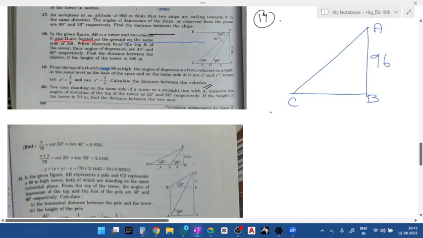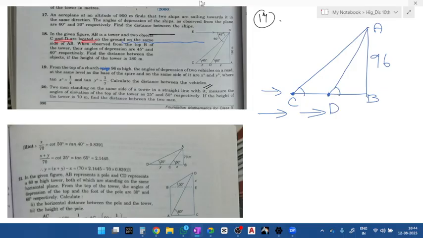From which direction will they approach? From C towards AB, vehicles are passing, right? So imagine one vehicle is at C and the other vehicle is somewhere at D. How many angles are formed here? Two angles. This is the concept.